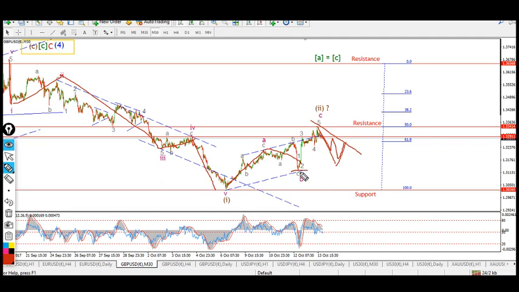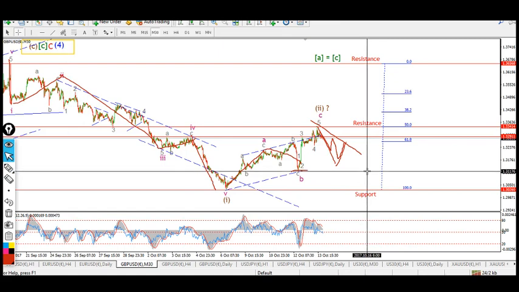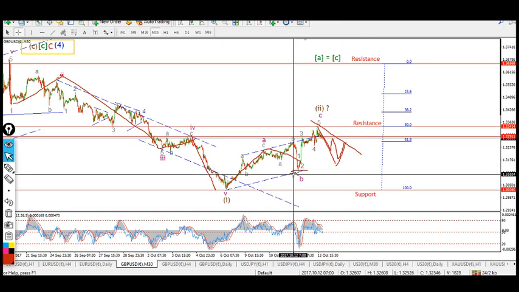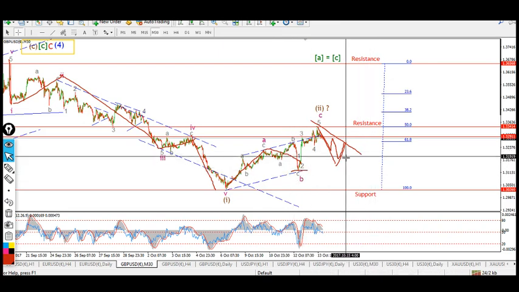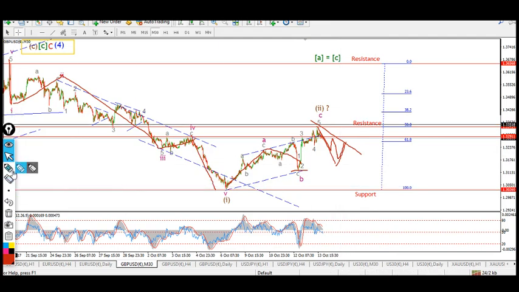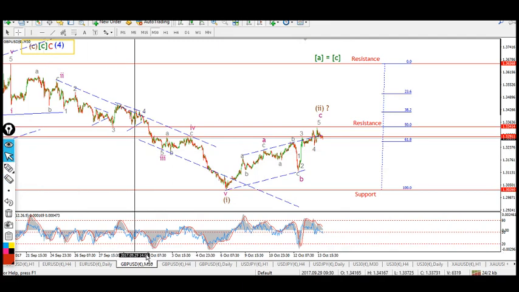If we get a break of this previous wave B here, which was at 131.17, call it 131.10, then it'll raise the odds significantly that we'll get a spill down into a wave 3, which I've been expecting for a while now. But anyway, let's move on.